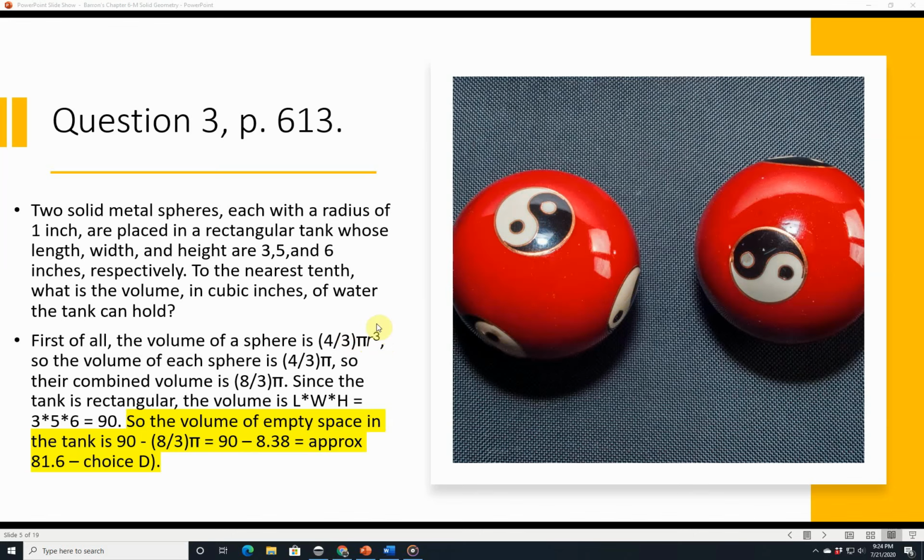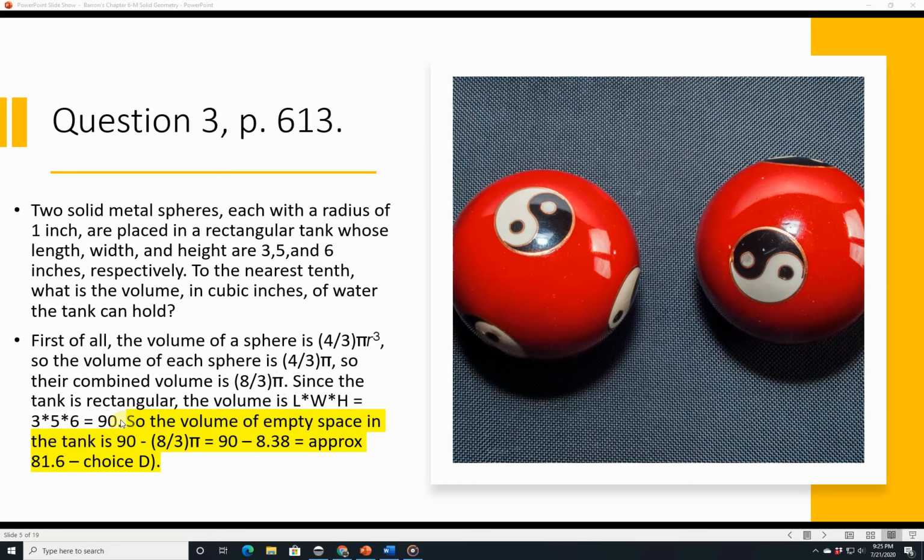And so the volume of each sphere is just going to be 4/3 pi. Why? Because they say it's 1 inch. So 1 inch cubed is just 1 cubic inch. And so it's 4/3 pi cubic inches. So their combined volume is 8/3 pi cubic inches. Since the tank is rectangular, the volume is the length times the width times the height, which is 3 times 5 times 6, so 3 inches times 5 inches times 6 inches, which is going to be 90 cubic inches.